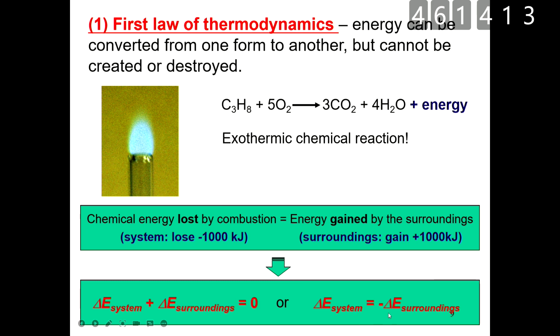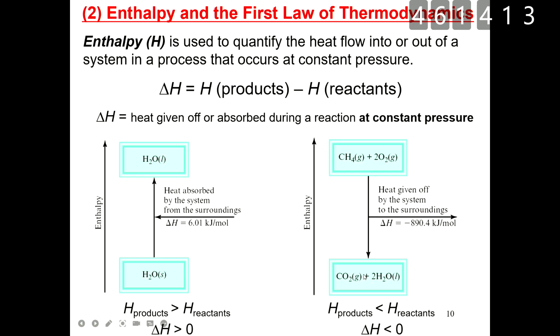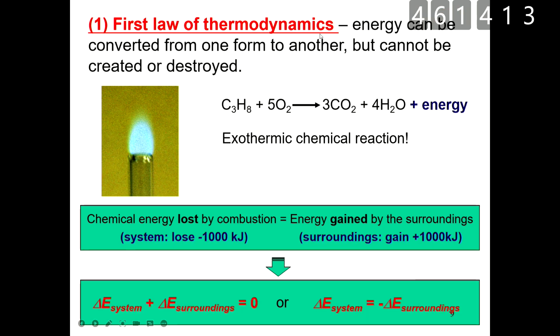So delta E system equals minus delta E surroundings, because if one loses, the other should gain, should accept. Okay, so this is about the first law of thermodynamics.